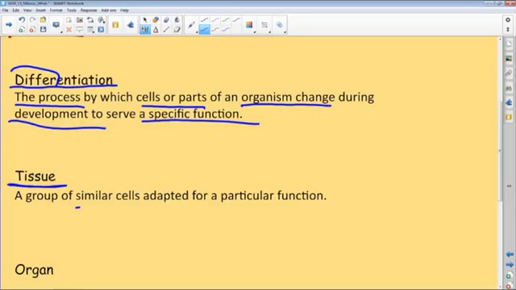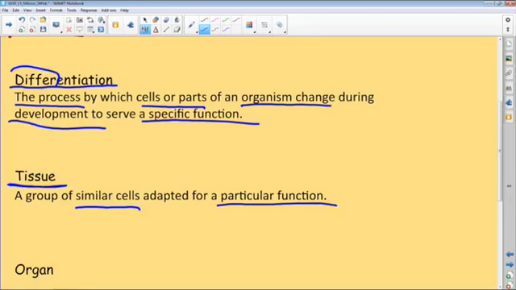It's human tissue or animal tissue or plant tissue, okay? It's like your skin. Okay, if I have a look at my skin over here, it's a tissue, okay? And all of these cells look similar and do a similar function, okay? But we'll get to more detail as it comes through. So a tissue is a group of similar cells adapted for a particular function. In other words, they do a specific thing. Right, it's easy, it's simple.